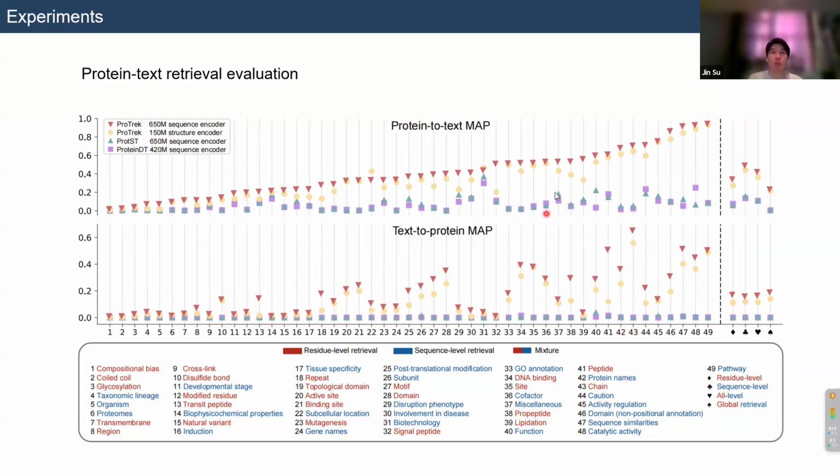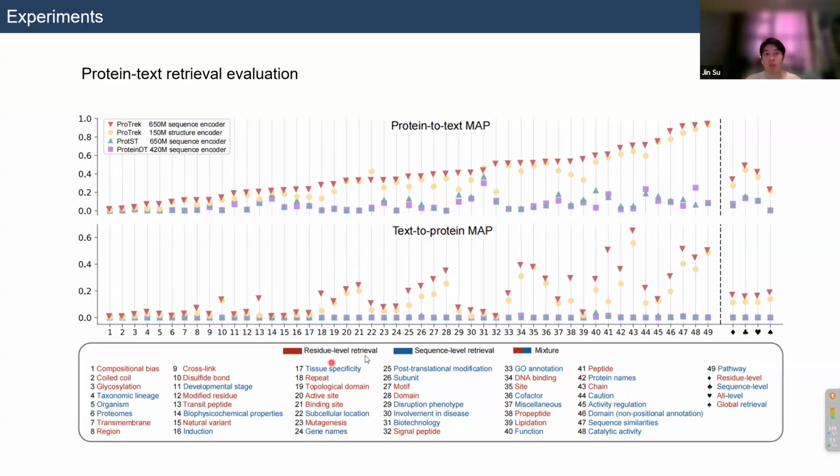In comparison, ProTrek, both the sequence encoder and structure encoder, achieve relatively high scores, especially for sequence level retrieval. Because we know the sequence level subsections describe a whole protein's property, and the residue level retrieval is only specific to some amino acids.